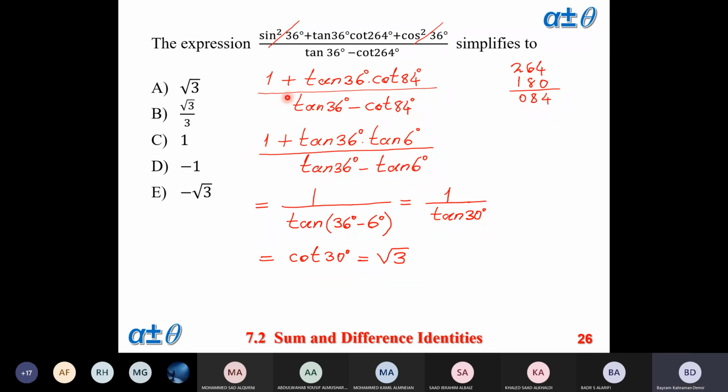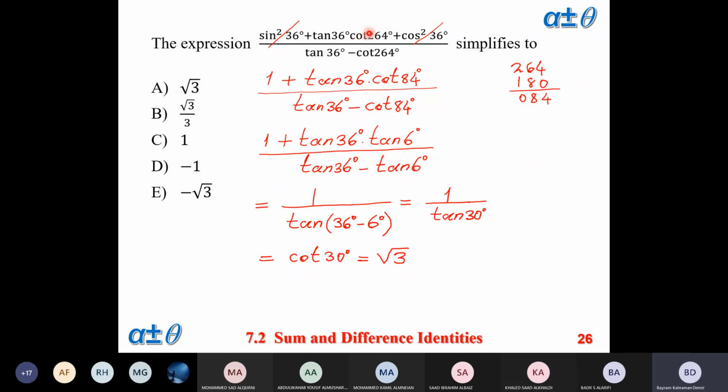Another is, again, calculations. Well, sine square of 36 plus cosine square of 36, which is 1, of course. And plus, we have tangent of 36 multiplied by cotangent of 264. Well, 264 is in the third quadrant, right? Third quadrant, and the reference is 84.